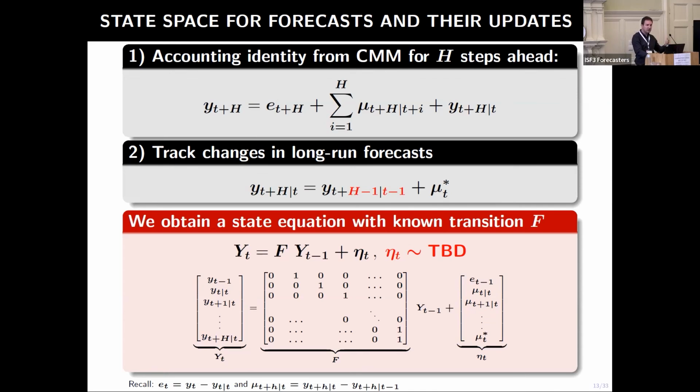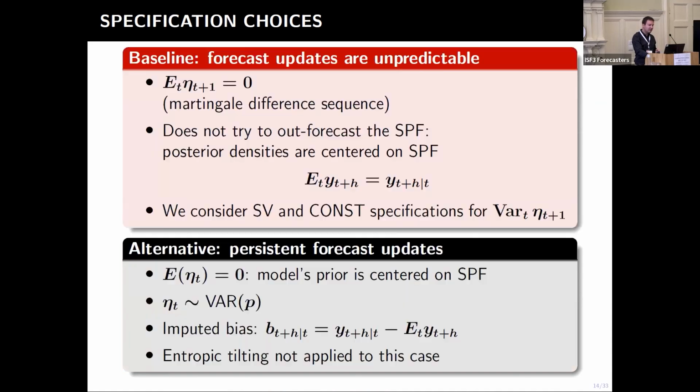This closes the state space model for the forecasts. As I told you, the baseline approach that we take is that the forecast updates are unpredictable, so we treat them as a martingale difference sequence. In other words, we are not trying to out-forecast the SPF. So the posterior densities are going to be centered on the point forecast given by the SPF.